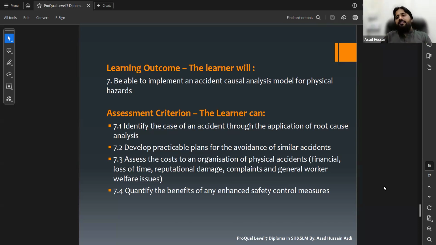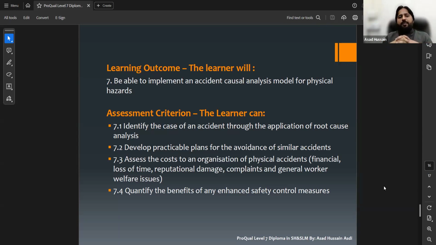More importantly, instead of providing an investigation plan, you have to share something in which it is visible that your organization is using root cause analysis for finding out the reasons after any accident, to limit the reoccurrence of those accidents. That will be enough evidence for this assessment criteria.